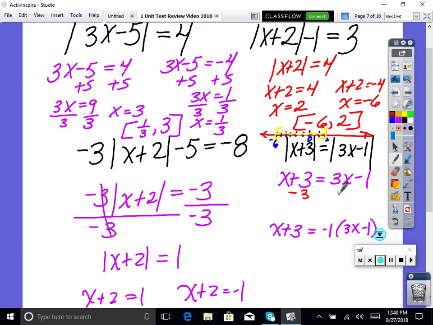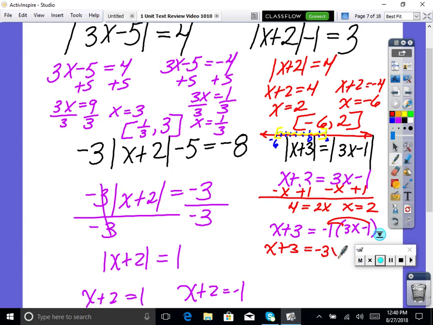So solve for x. I should combine my x's first. Let's be smart so we don't start doing weird stuff. Subtract x, add 1. So now we have 4 is equal to 2x, so x equals 2. So we would have x plus 3 is equal to distribute, negative 3x plus 1. So now we'll combine our x's.